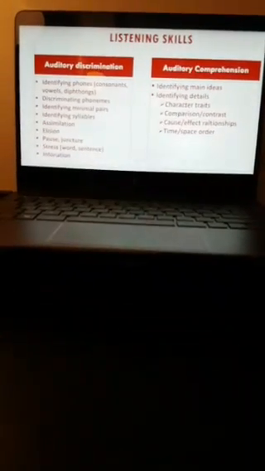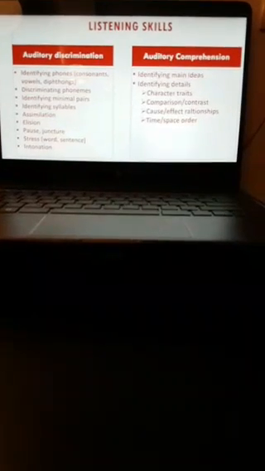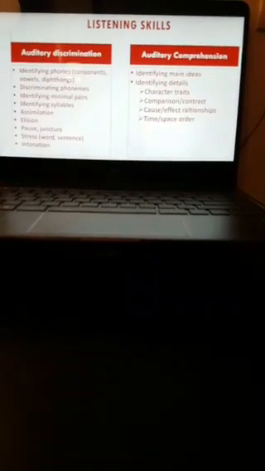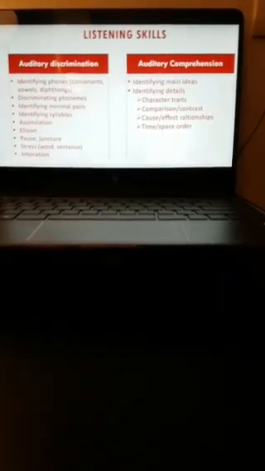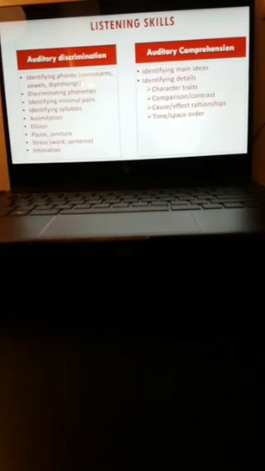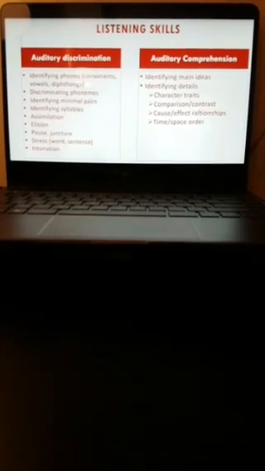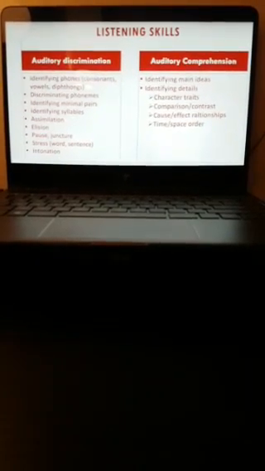Another thing is pause and juncture. Here, in the flow of speech, the student needs to identify when a sentence begins and when it ends. The end of a sentence we call a pause.